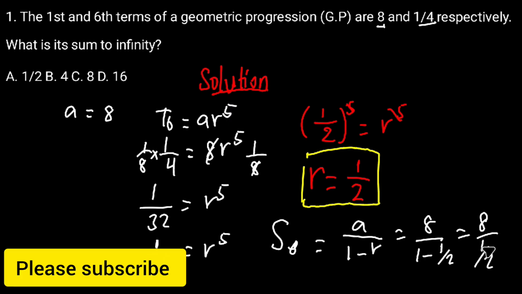Now let's multiply both the numerator and the denominator by 2 to clear the fraction at the denominator. The 2 and 2 cancel, and we're left with 8 times 2. So the sum to infinity is 8 times 2, which is 16. And so 16 is the answer to this question, and the option is option D.